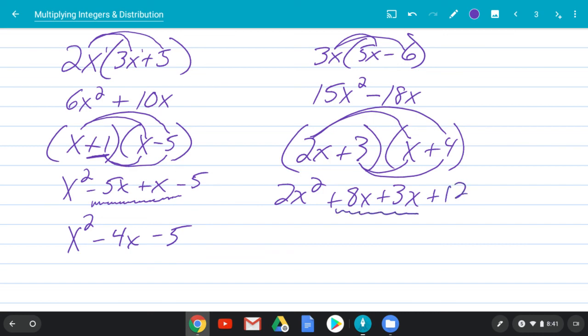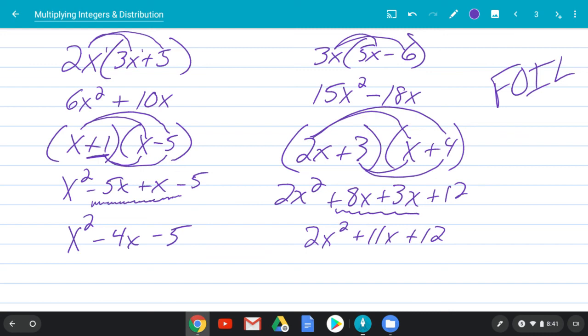Got to combine my like terms in the middle, where I have 2x squared plus 11x plus 12. That is distributing. Sometimes it's more affectionately known as FOIL, but I'm not talking about that.